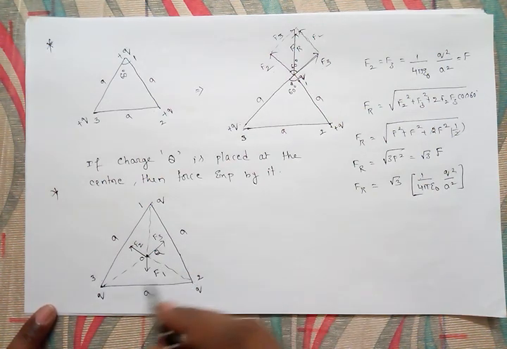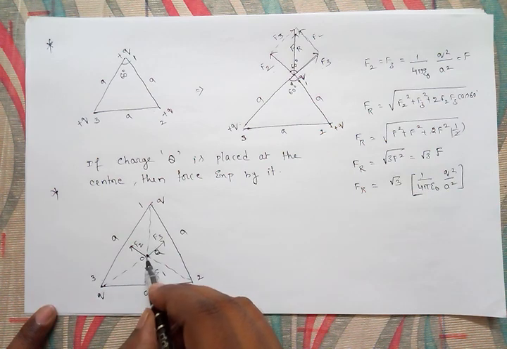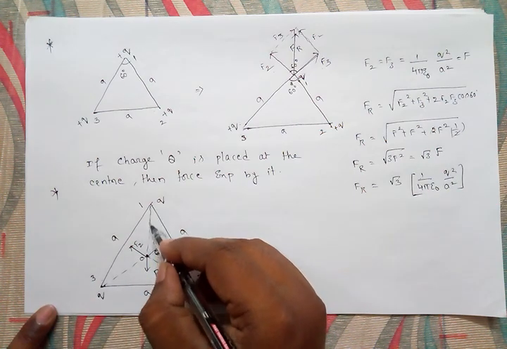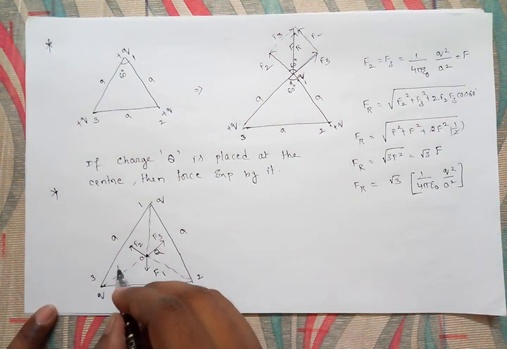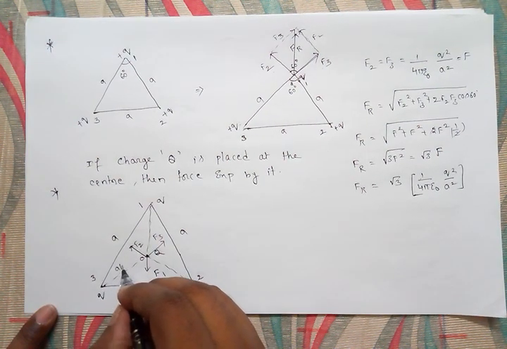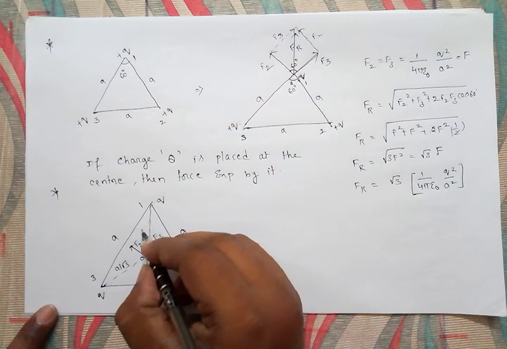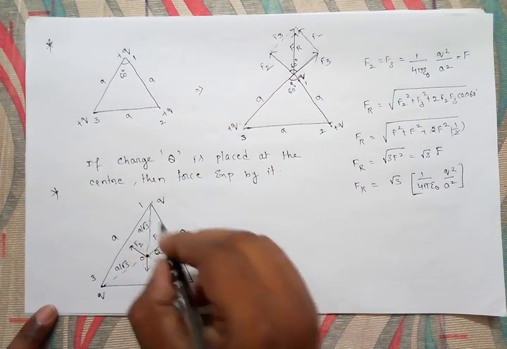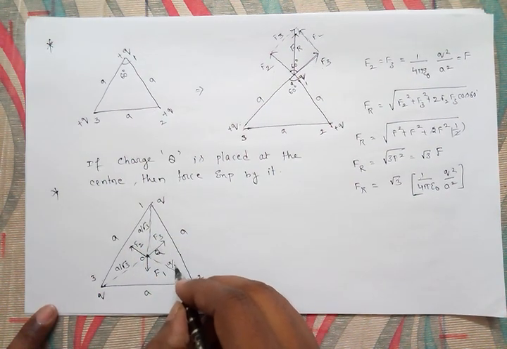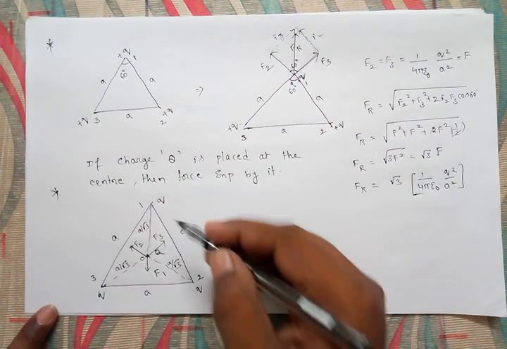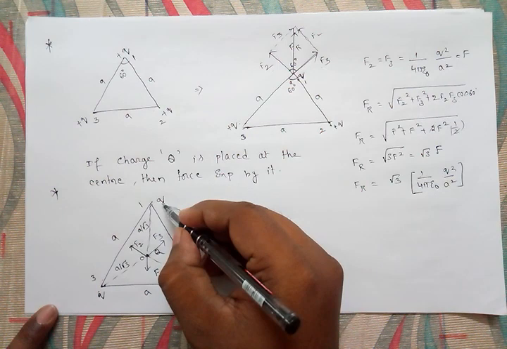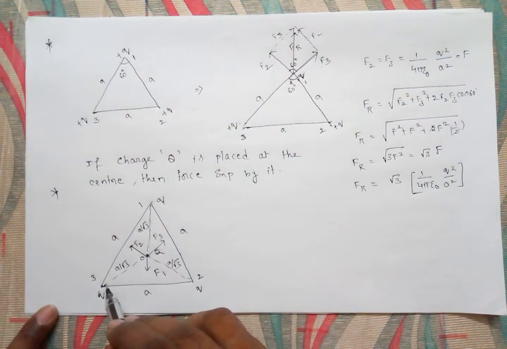And you may understand that the distance from the centroid to the vertex is nothing but the side length a by root 3. The centroid is at equal distance from all the vertices, so the centroid to vertex distance is a by root 3. Q1 is q and Q2 is capital Q, and the same thing applies to all three charges.